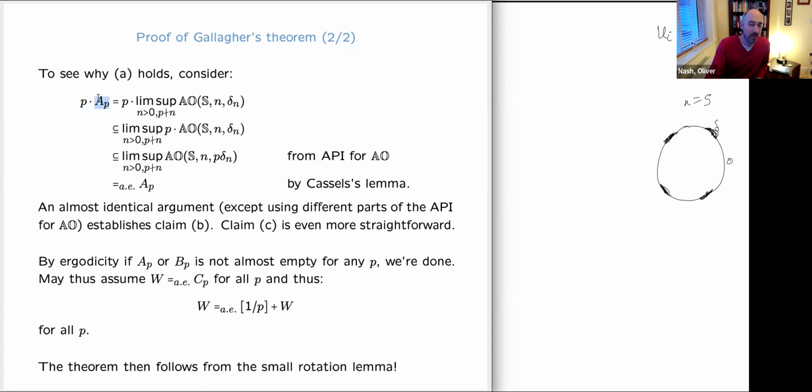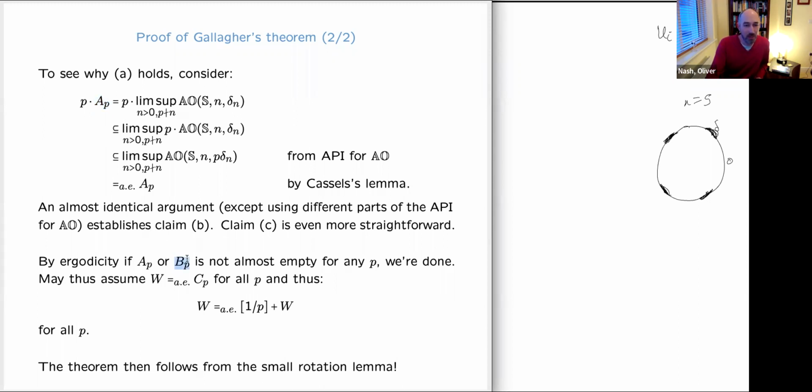So if you have a set which is invariant under multiplication by P, but this is an ergodic map, well then this set must be, for any prime, right? This must be almost empty or almost everything. So if it's almost everything, you're done because it's a subset of W. So W is almost everything and you're complete. So therefore you might as well assume it's almost empty.